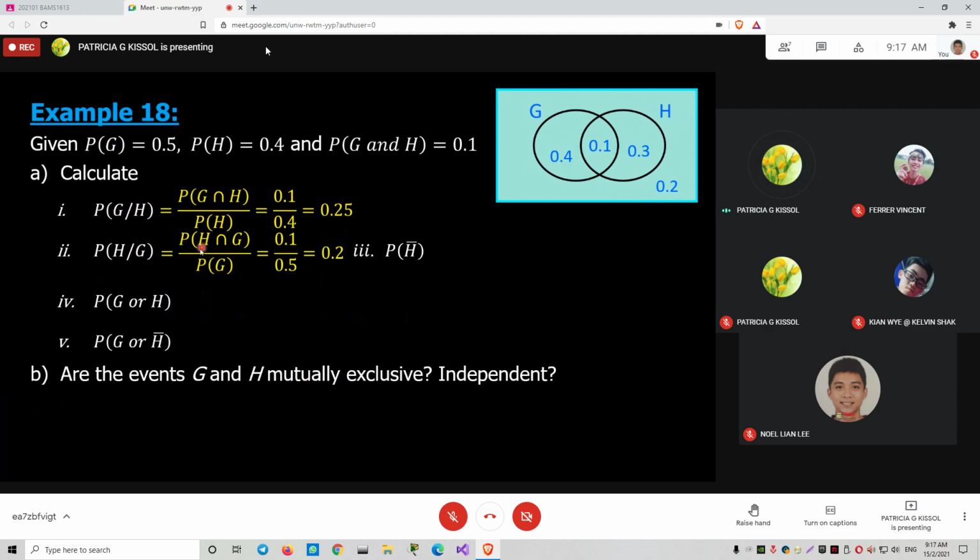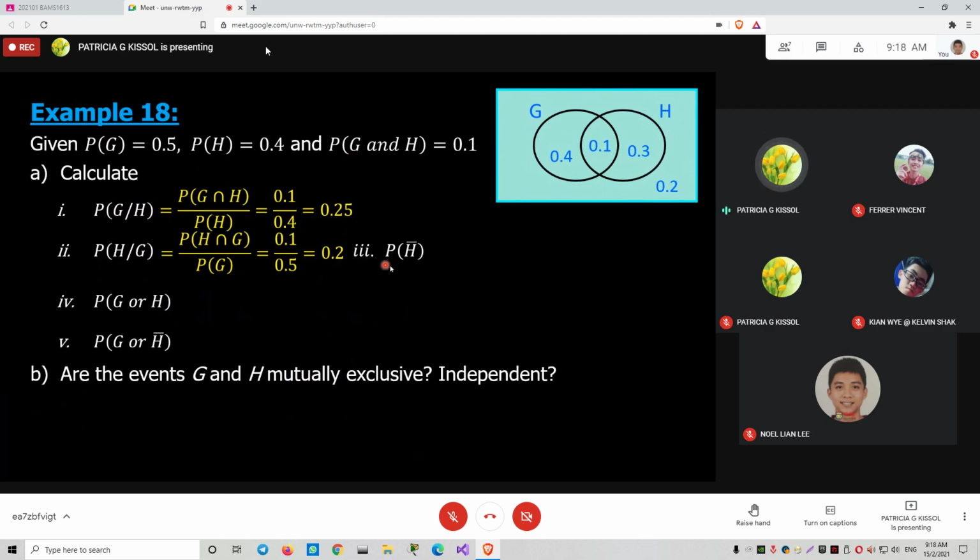Now you can also see probability of H intersect G, or pronounced as probability of H and G, is the same as probability of G and H. Even though you swap the position, G and H or H and G, it's still referring to where my pointer is, and the value is 0.1. But the denominator is based on the given value, which is G. So probability of G is 0.5. We have 0.1 divided by 0.5, and that's how we get 0.2 as the answer.